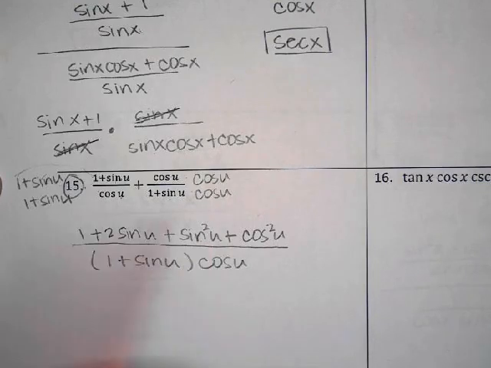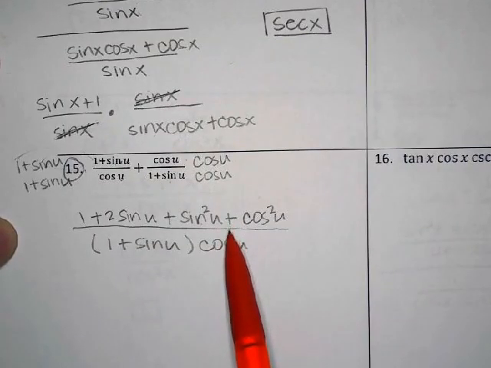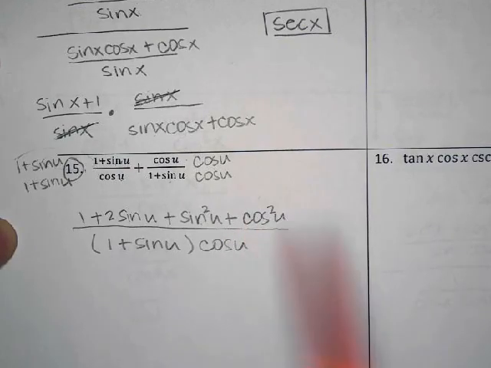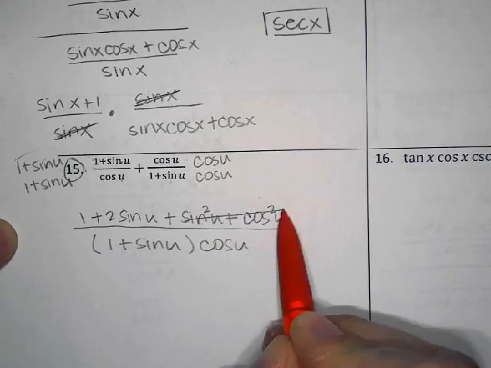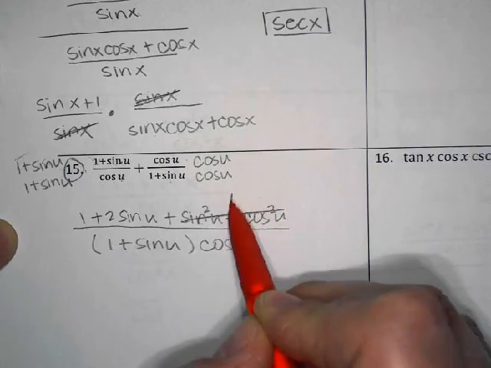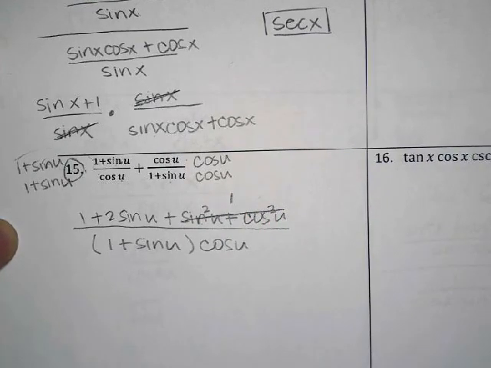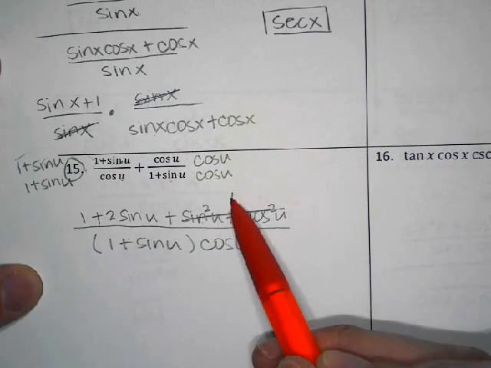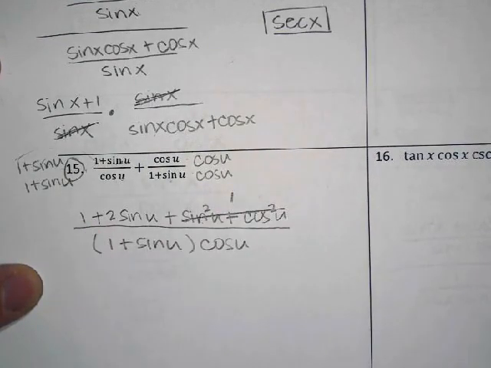All right. What do you guys see now? Sine squared plus cos squared is 1. Okay? All right, so we've got 1 and 1. Let's combine our like terms.